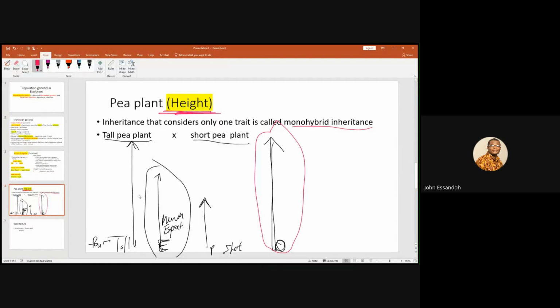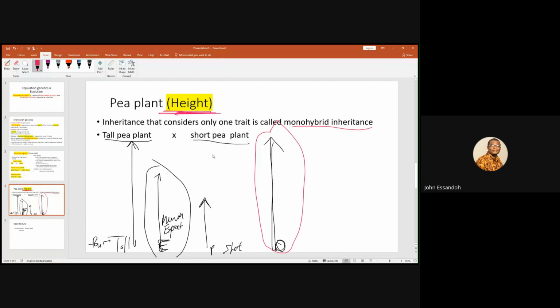That the inheritance is not the way we thought. Hey, what is going on? But Mendel didn't end there. As I said, he repeated this for 7 other traits. He repeated it for the seed texture, flower color, seed color, shape, plenty stuff.